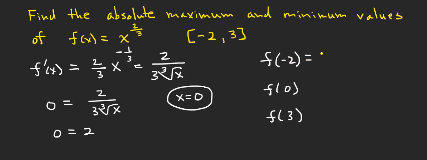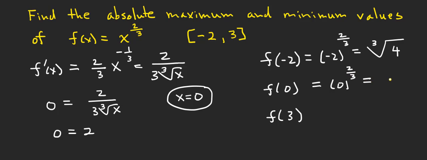That's going to be quantity -2 to the 2/3, which is cube root of quantity -2 squared, which is going to be 4. What about f of 0? That's going to be just 0 to the 2/3, which is 0. What about f of 3? It's going to be 3 to the 2/3, which is cube root of 9.